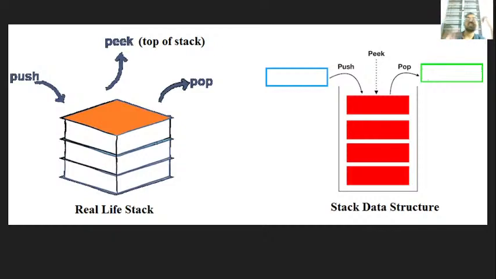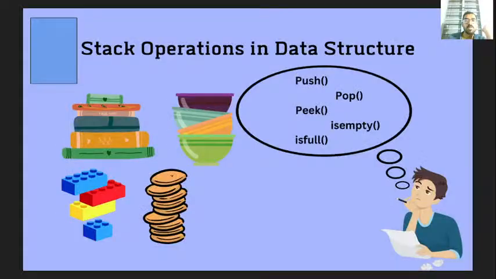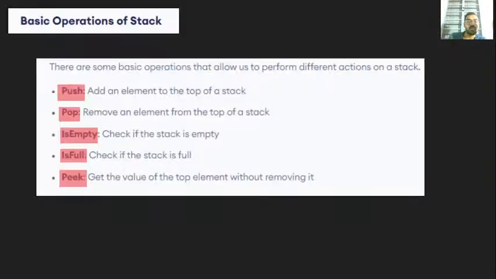In addition to push, pop and peek, there are two other important operations, is empty and is full. Push is adding an element, pop is removing an element, peek is reading the top element value without removing it. Is empty checks whether the stack is empty. Is full checks whether the stack is full or not.